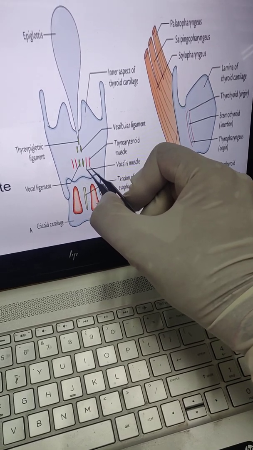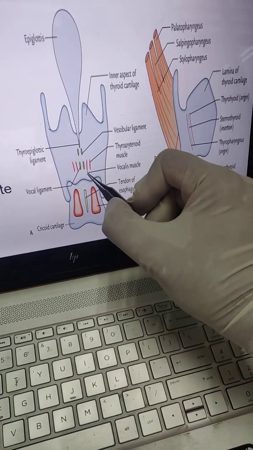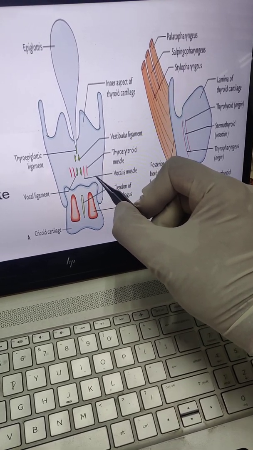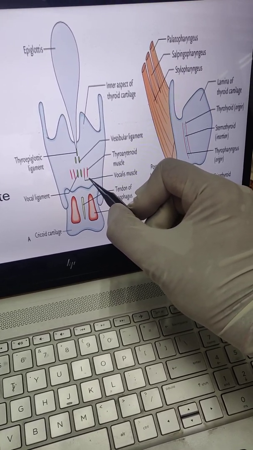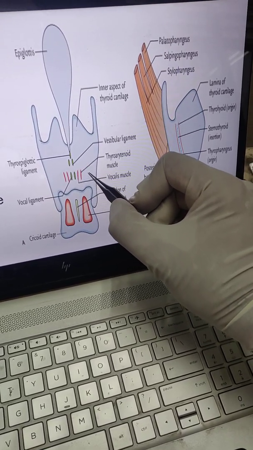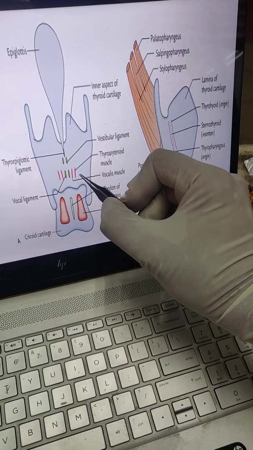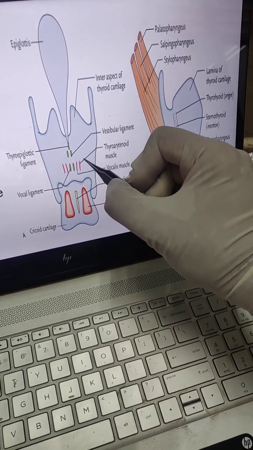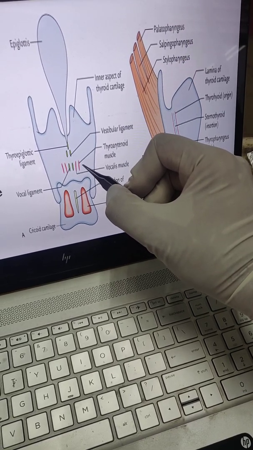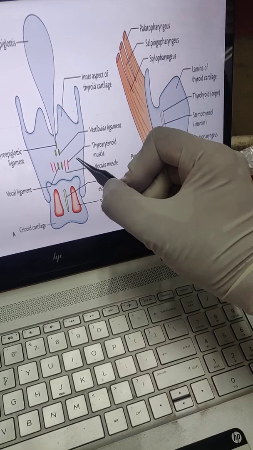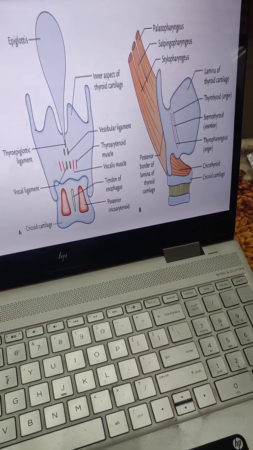Just lateral to the vocal ligament on each side, from medial to lateral, are the attachments of the vocalis muscle, the thyroarytenoid muscle, and most laterally the thyroepiglottic muscle. So these are the three muscles attached. Here it is not seen, but the thyroepiglottic muscle is also attached lateral to the thyroarytenoid muscle. So these are the attachments on the thyroid cartilage.